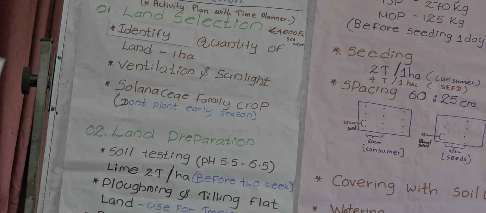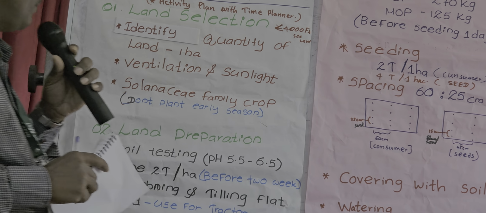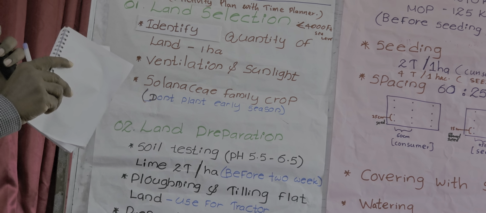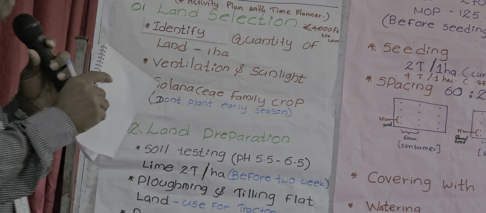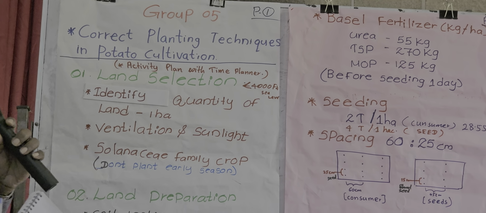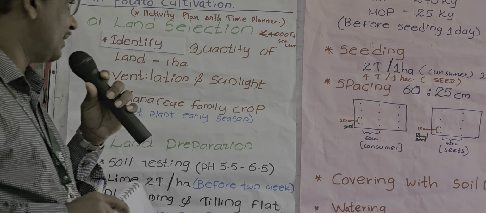Normally, if you prepare a bed for consumer purpose, we give spacing of 60 centimeters line to line, and plant to plant 25 centimeters.